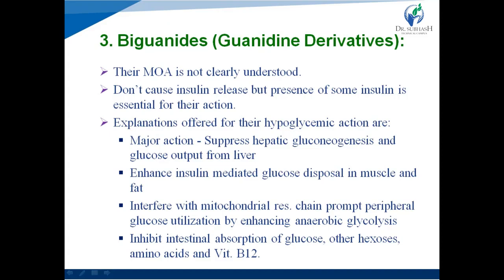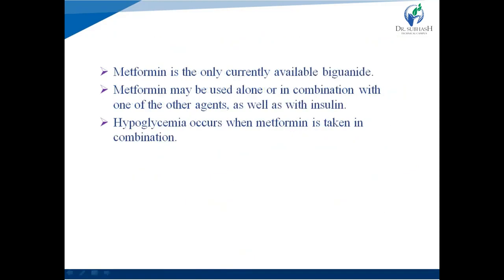These are all the mechanisms of action believed to be of biguanides, and by all these actions the level of glucose is reduced in our body, because glucose is utilized by glucose disposal in muscle and fat and in anaerobic glycolysis, and intestinal absorption is also inhibited.